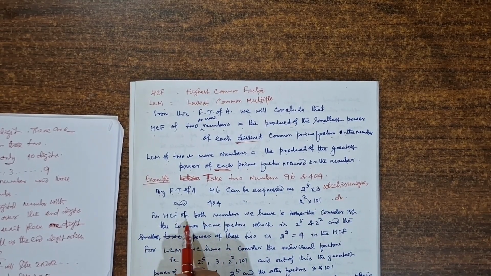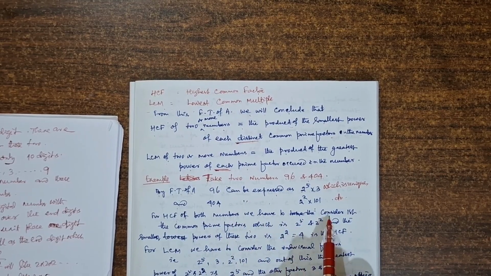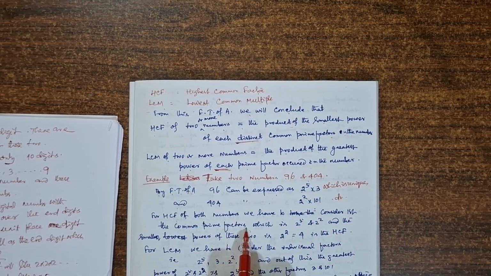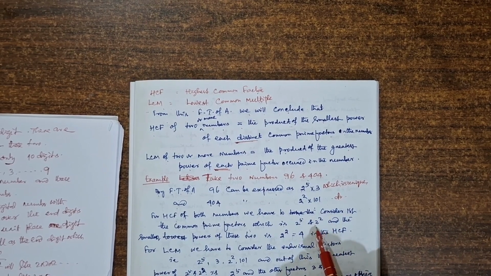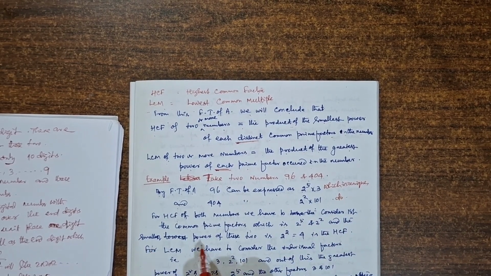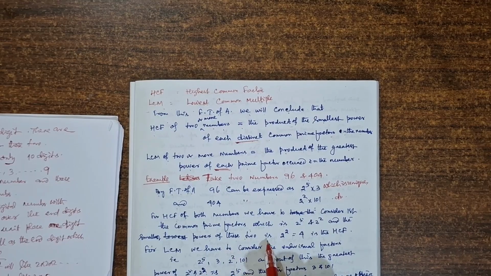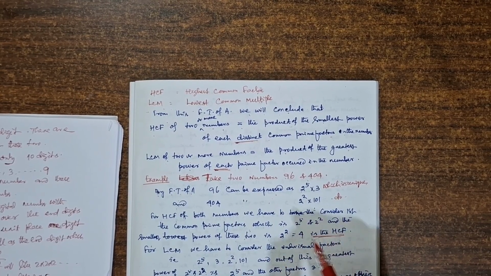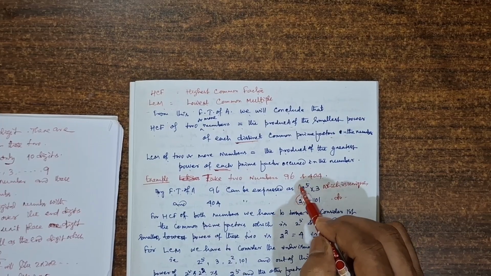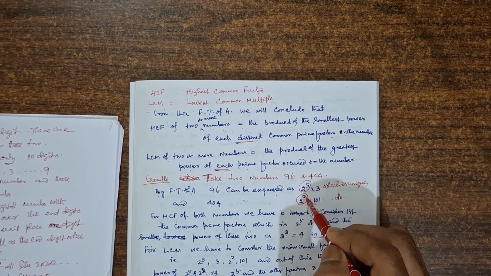For the HCF of both numbers, we have to consider first the common prime factors, which are 2 to the power 5 and 2 to the power 2, and the smaller power of the two is 2 to the power 2, which is equal to 4, the HCF.